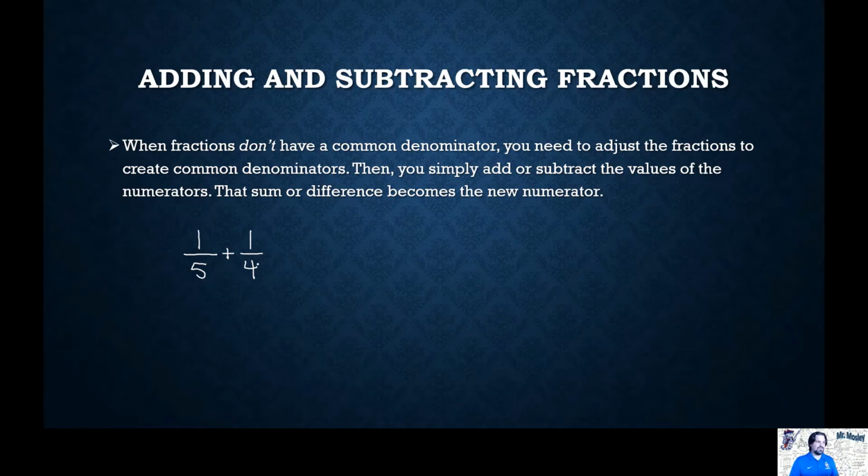And so what you need to do is find the smallest number that both the denominators are factors of. All right. So one way to do this is I can just start listing the multiples of each number until I get one that's the same.